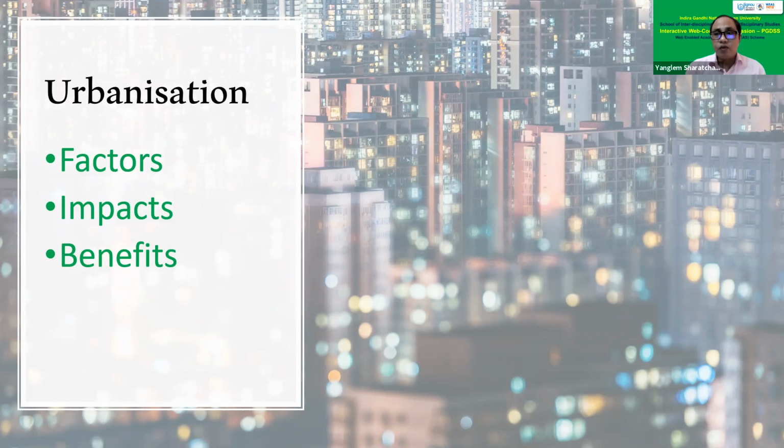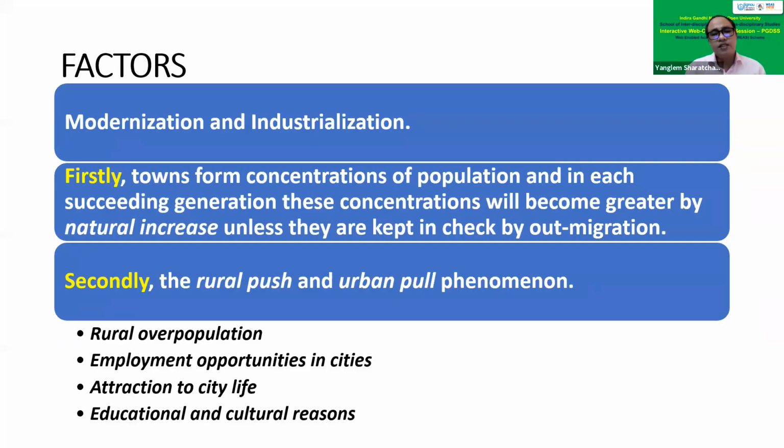Then benefits, of course: when you are going towards economic growth, automatically there will be some benefit, right? So when you have a quick look at the factors, urbanization is because of the process of modernization and industrialization.